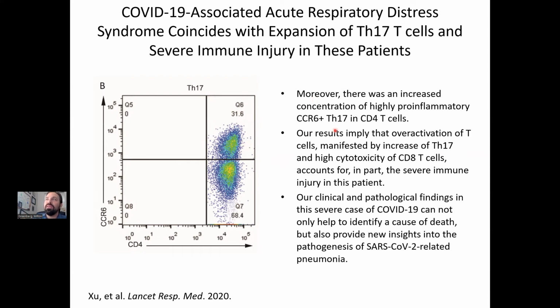subset. And so these Th17 cells are highly pro-inflammatory, and these results suggest that overactivation of T cells manifested by the increase of Th17 and the high cytotoxicity of CD8 cells accounts for the severe acute immune injury in this patient, that cytokine storm.